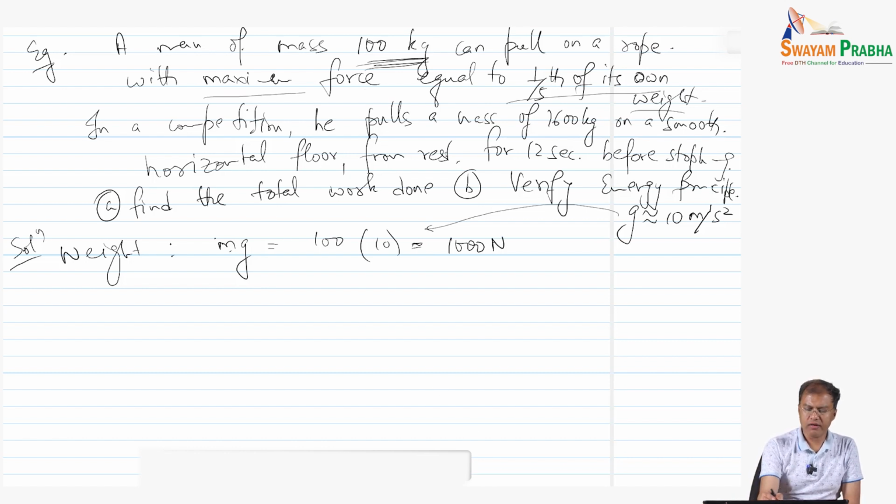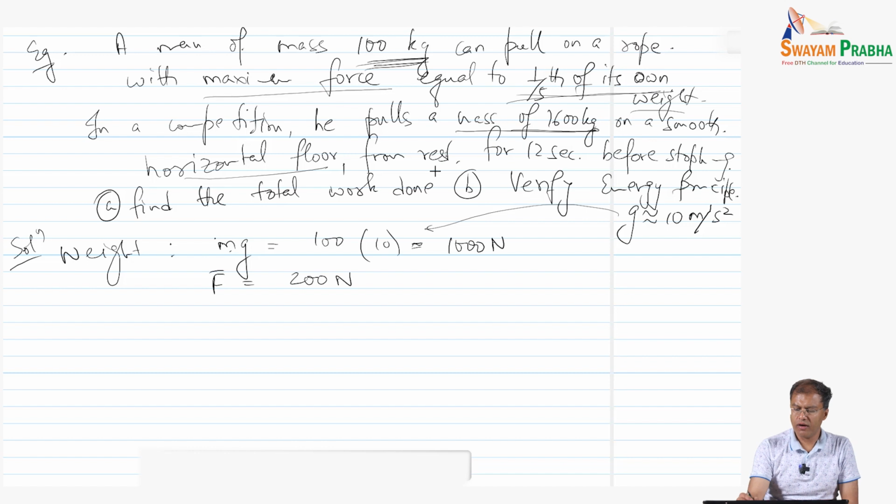The man exerts a maximum force of 1/5 of his weight, so the force being exerted is 200 newtons. He pulls a mass of 1600 kg on a smooth horizontal floor from rest for about 12 seconds, and we have to find the total work done.